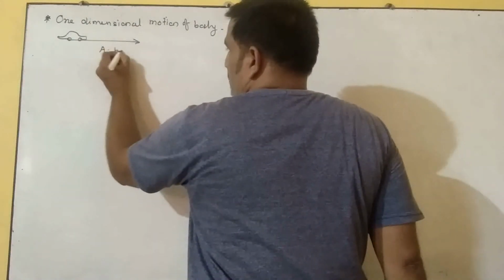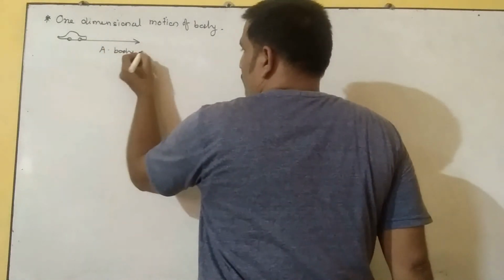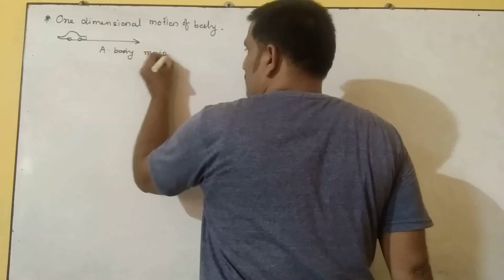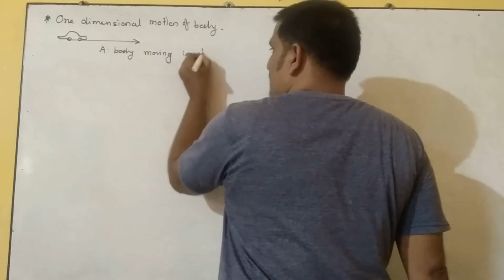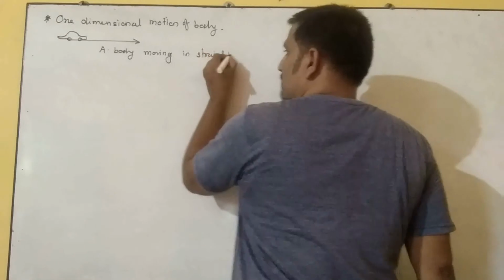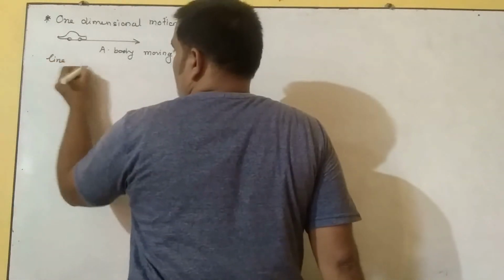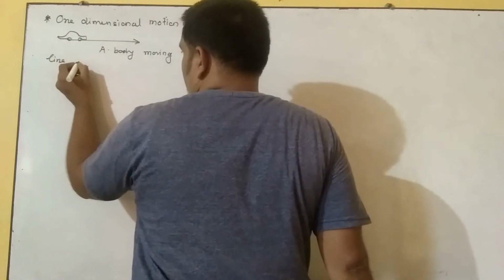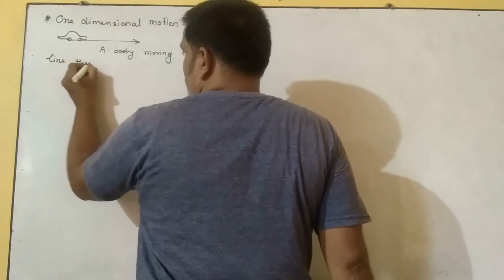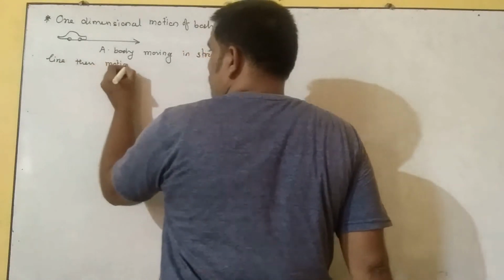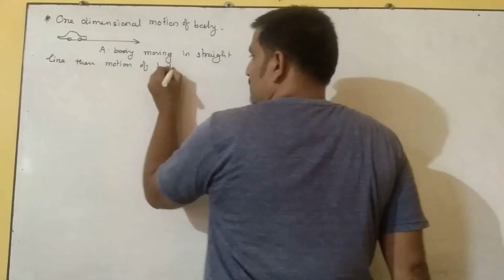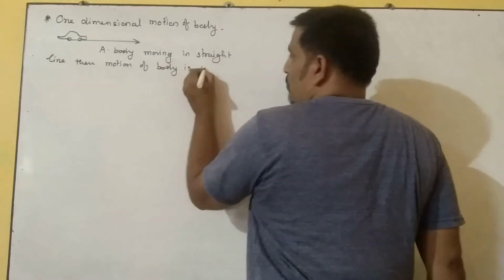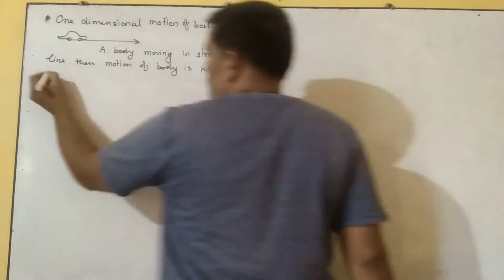A body moving in a straight line, then the motion of the body is known as one-dimensional motion.